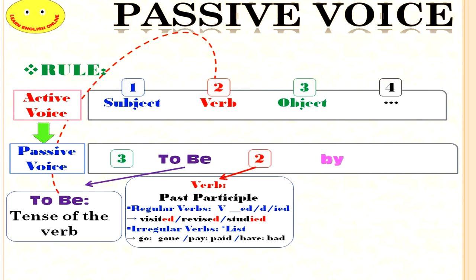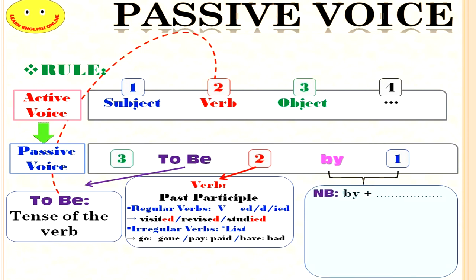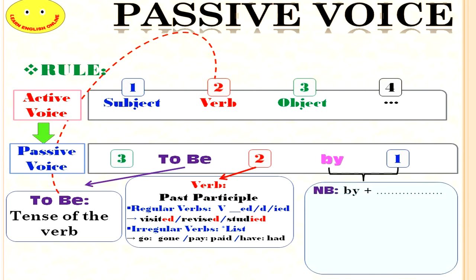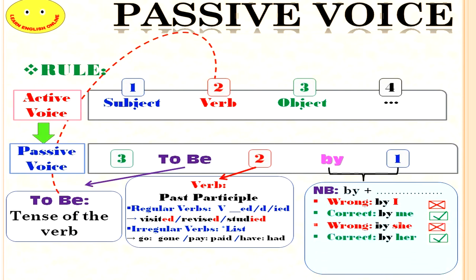After number 2, we have the word by plus number 1. But it is very important to pay attention to the following. We can say, for example, by I. This is wrong. The correct answer is by me. We can say by she, but we say by her.